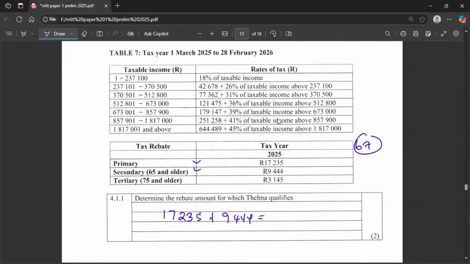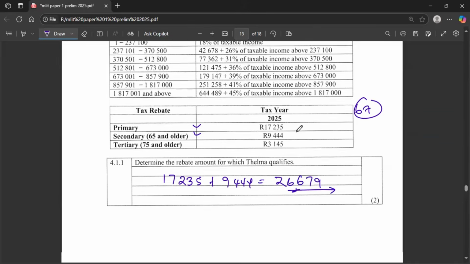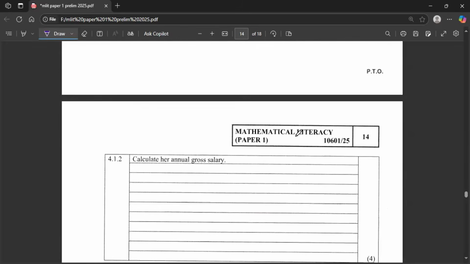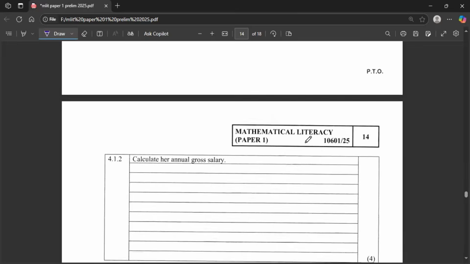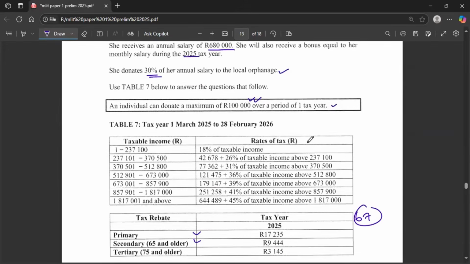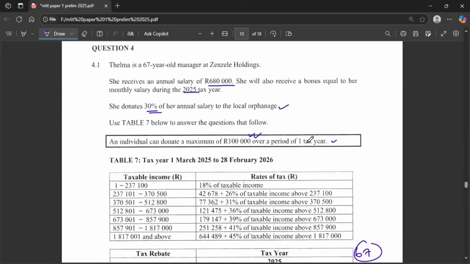So 17235 plus 9444 becomes 26,679. Okay, that's the rebate that she will qualify for. Then calculate her annual gross. So the gross is basically the amount of money before deductions are made.